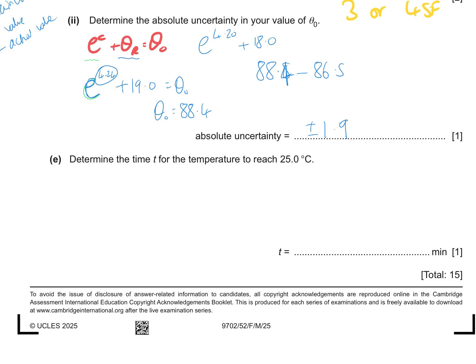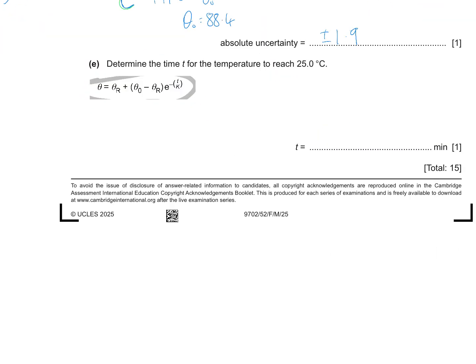A final question. One way, or potentially the way that requires the least new knowledge or playing around, is to just rearrange this equation. I know we've already done that above, but let's just do it again. So you end up with ln theta minus theta r. Remember, that's because we subtract the theta r across and then natural log it.